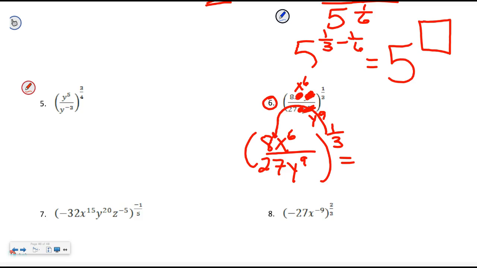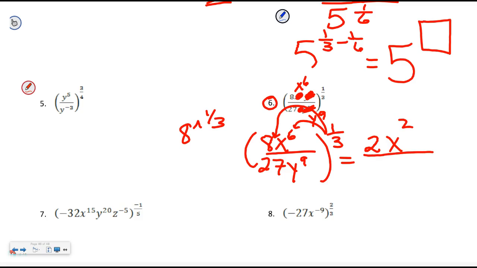So I have 8 to the 1/3. You can do that on your calculator or in your head, but you just go 8 to the 1/3 power if you want on your calculator, or we've had that one so many times you should know that it's a 2. X to the 6th to the 1/3 power. Remember, we multiply those. We do 6 times 1/3.